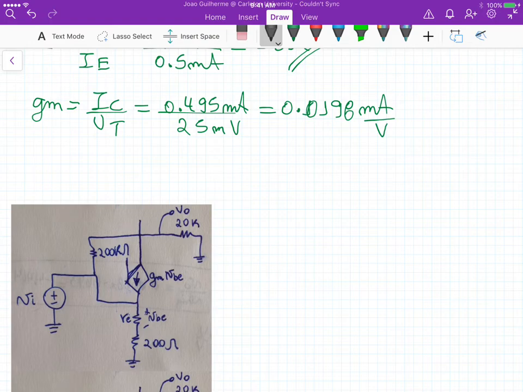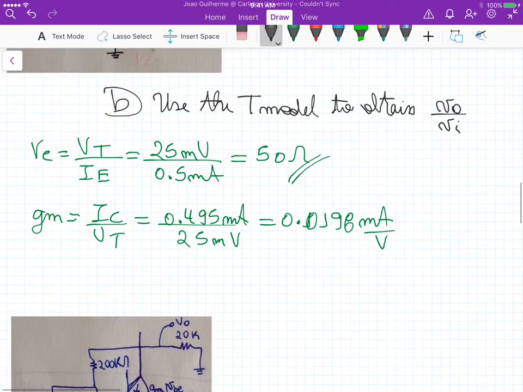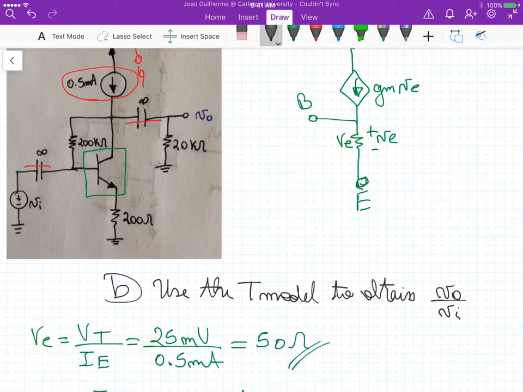First thing, let me be concise. I just told you that this is VE, so let's call it the same way as it is in the circuit: VBE here.